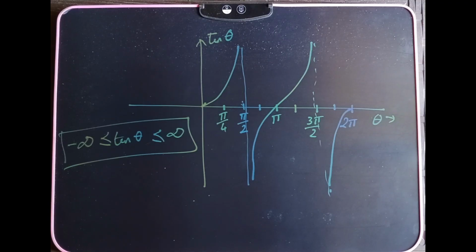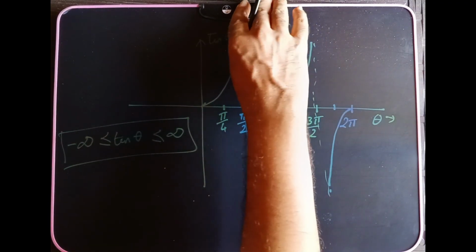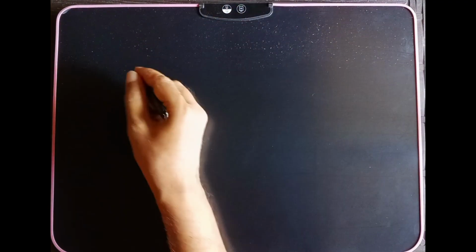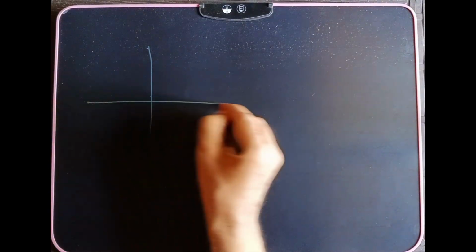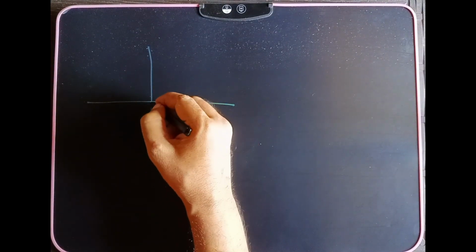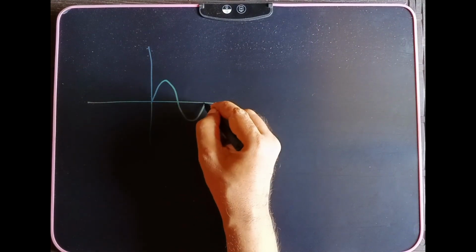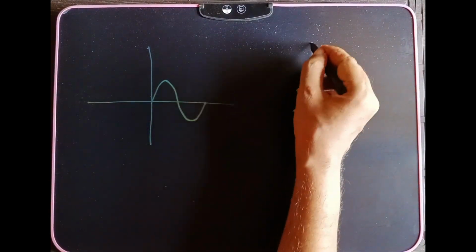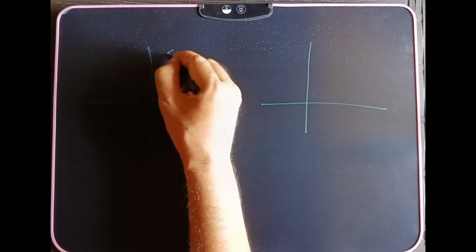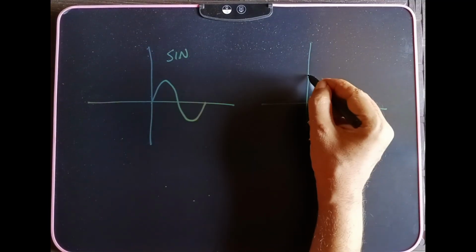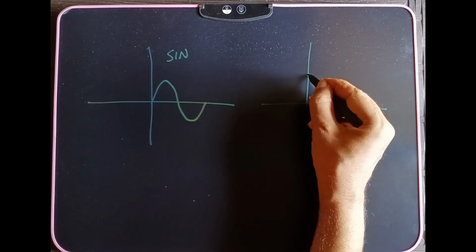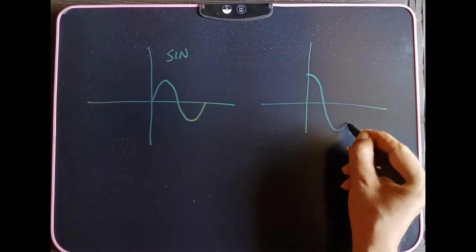So now I'm going to clear this out. We have studied the graphs for trigonometric functions. The sine graph is like this for one time period. This is for sine. The cos graph starts from the y-axis itself and then goes like this.